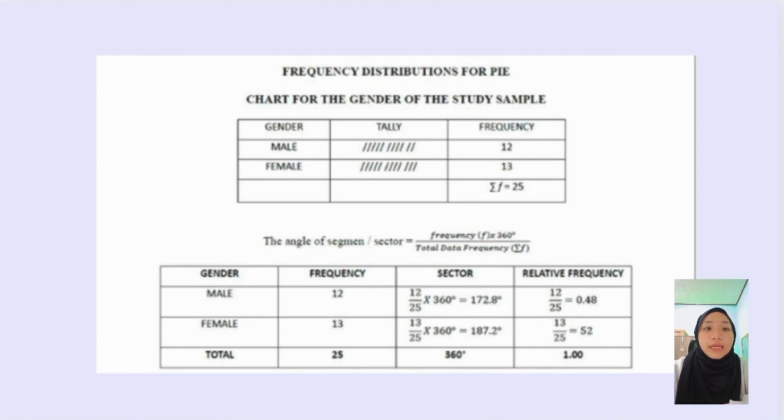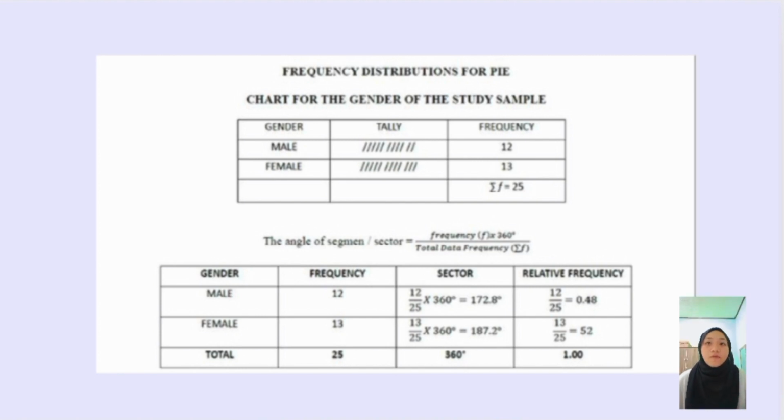The fourth class, the midpoint is 625.5, the frequency is 4. The fifth class, the midpoint is 665.5, the frequency is 3. The last class, the midpoint is 705.5 and the frequency is 1.